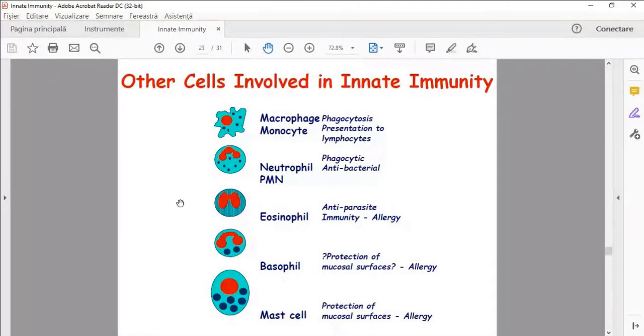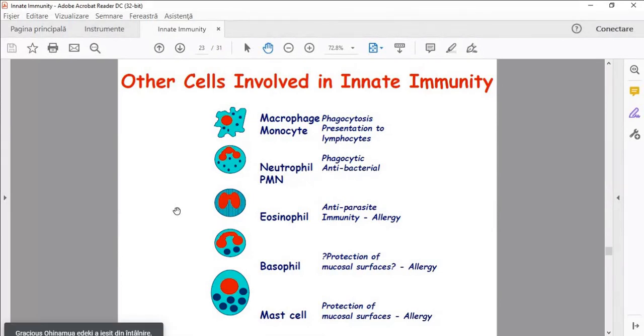Other cells involved in innate immunity are eosinophils, basophils, and mast cells. For eosinophils, we know their role of defending against parasites, but for basophils and mast cells, we don't know their physiological role.